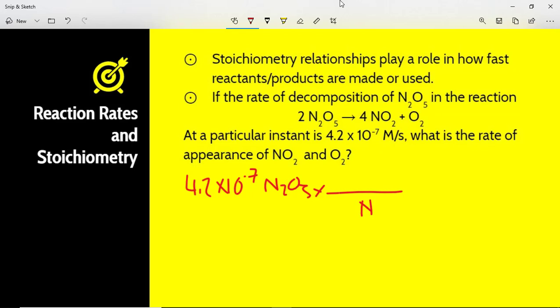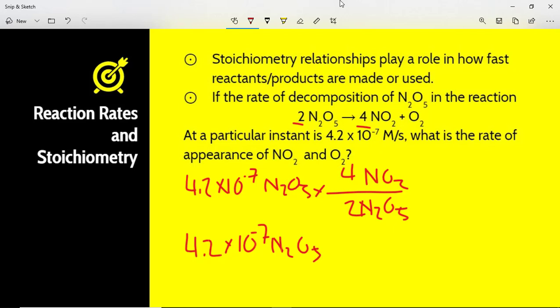So if we have 4.2 times 10 to the negative 7th, and that is for N2O5, we can then use the mole ratio to get that to the rate of appearance of NO2. We just put a 4 there and a 2 there. Again, they're the coefficients of the balanced chemical equation. We do the same thing to determine the rate of appearance of oxygen.